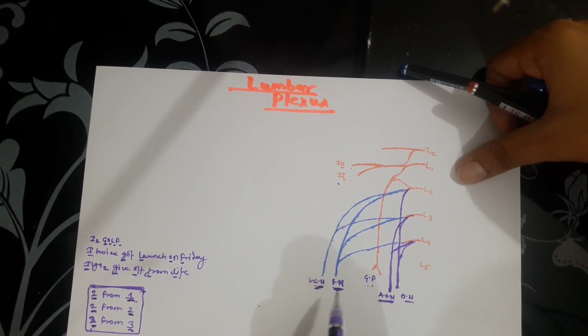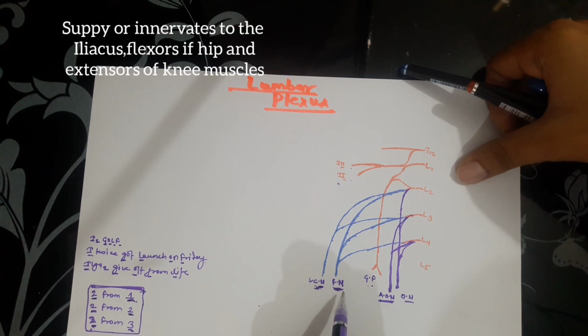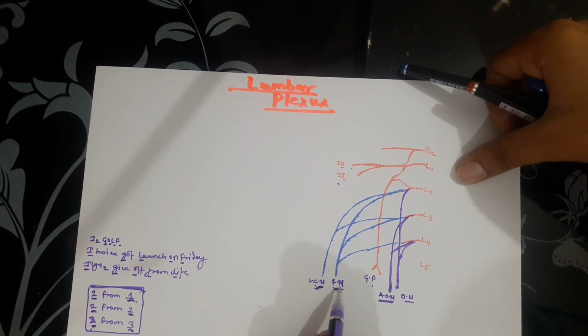It also innervates the iliacus, flexor of the hip muscles, and extensor of the knee muscles. So it also has two types of branch, sensory and motor. Motor supplies the muscles, and sensory supplies the skin.